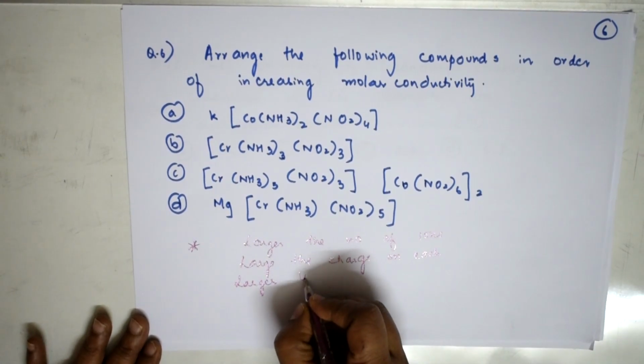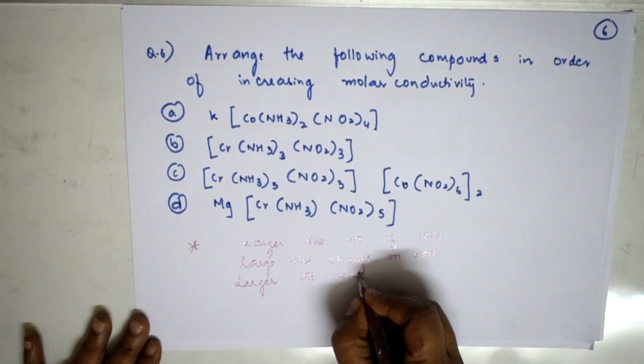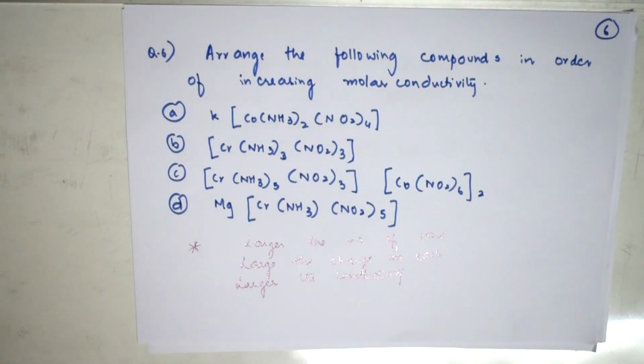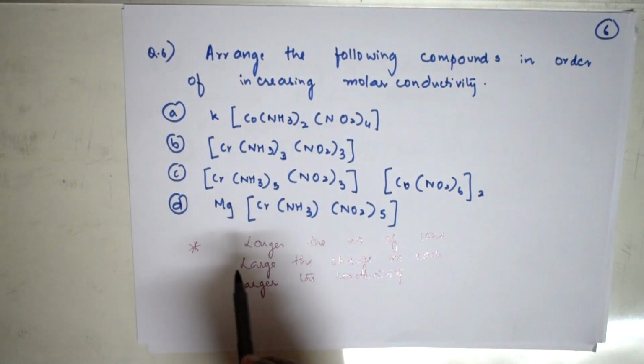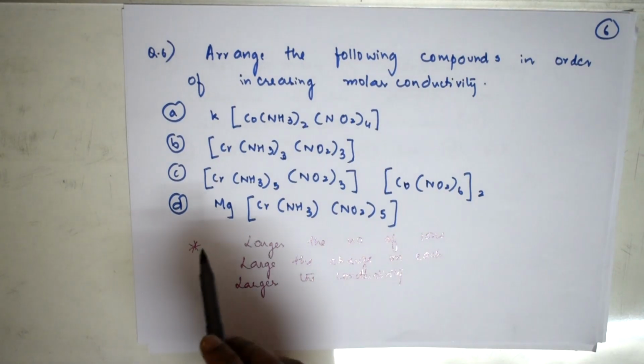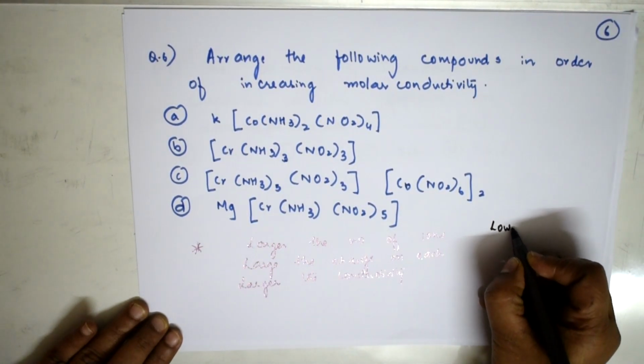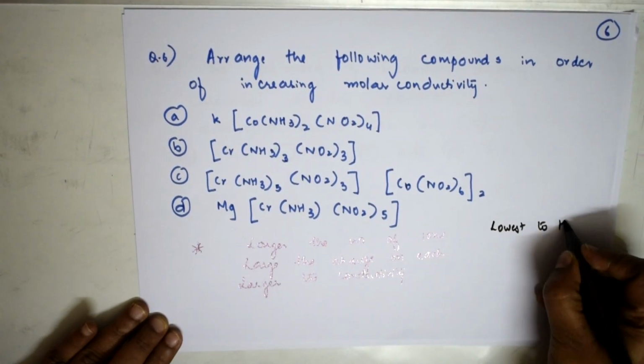Obviously, larger the conductivity, more number of ions means the conductivity will be more. Now, if I have to write the order, I am writing from lowest to highest.